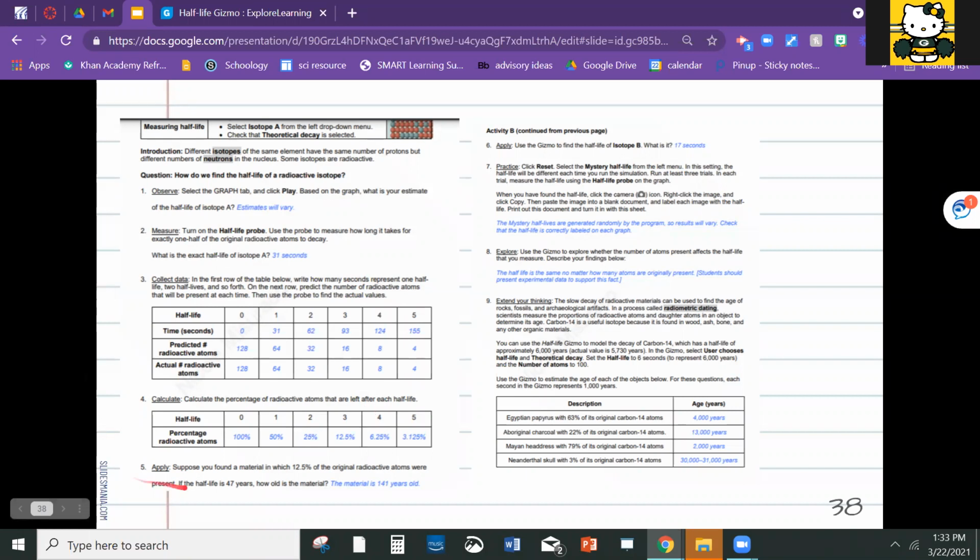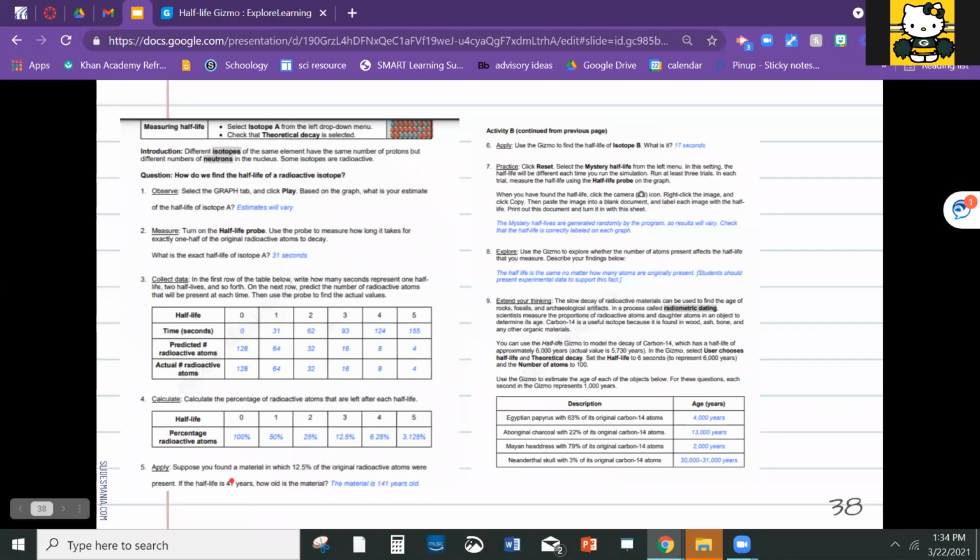So why do we care? This is kind of setting up the math behind what's going on. This is the science part. So I'm a scientist, I found this thing, and by comparing it to known amounts, I can figure out how much is there. So I determined that there's 12.5% of the original radioactive atoms present, and I know the half-life is 47 years.